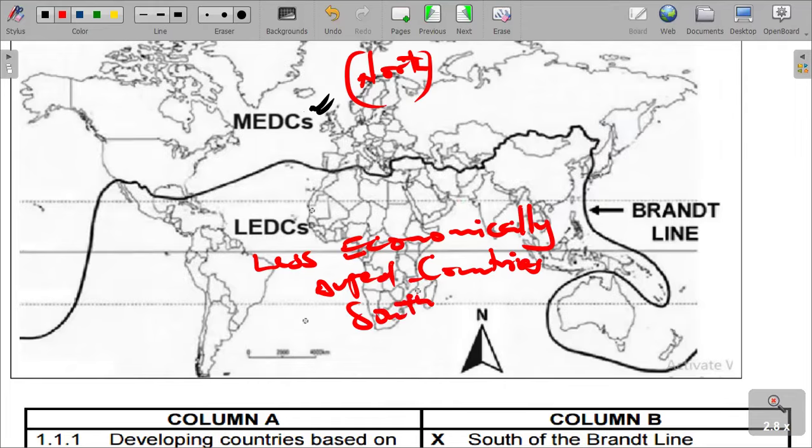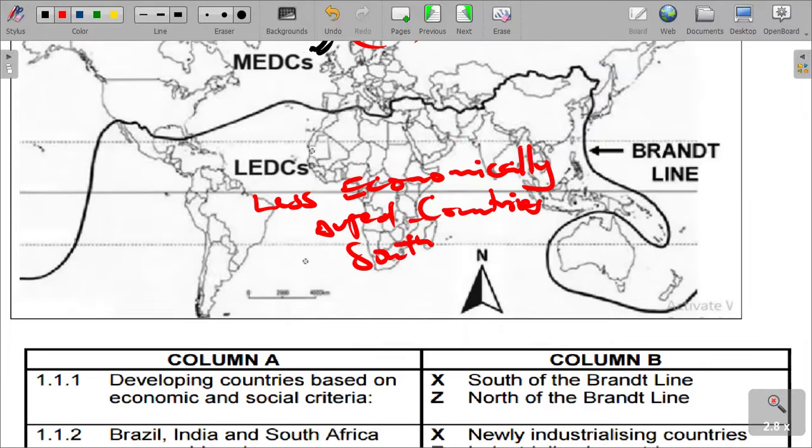So the question is saying developing countries based on economic and social criteria. Countries are classified according to their level of achievements based on some social and economic indicators. That is where we come up with the Brandt line.